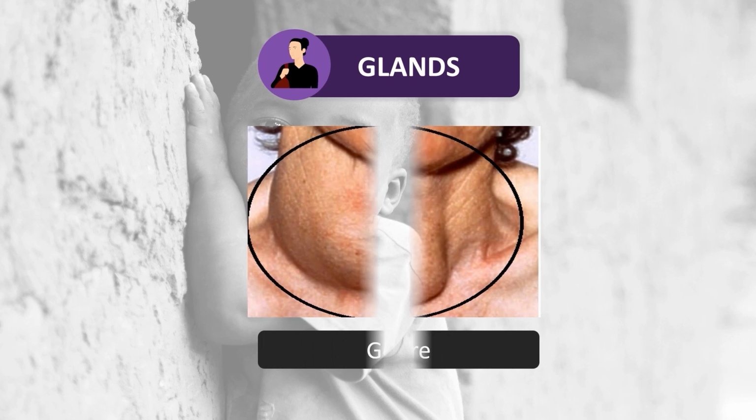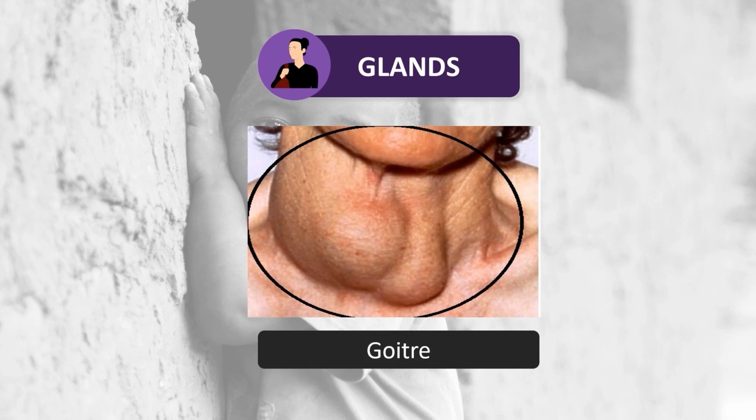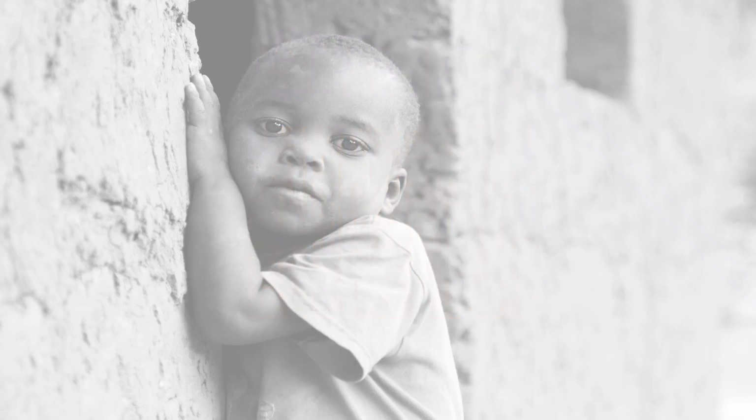We have already talked about goiter, the enlargement of the thyroid gland in case of iodine deficiency. So, these are some of the clinical signs and symptoms we can look for to assess the nutritional status.